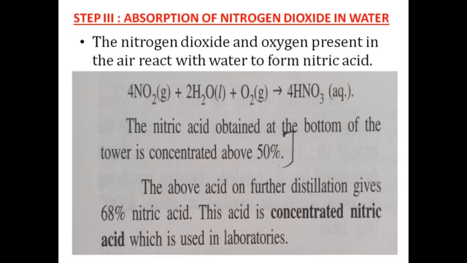Then nitric acid is formed along with oxygen from air, and the nitric acid obtained at the bottom of the absorption tower is 50% concentrated, which can be further improved by distilling nitric acid again up to 68%, and this is the concentrated nitric acid which we use in laboratories.